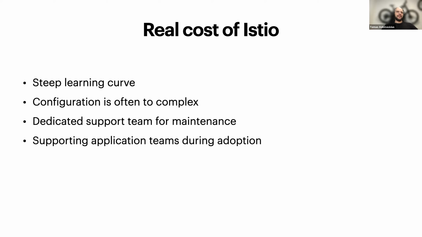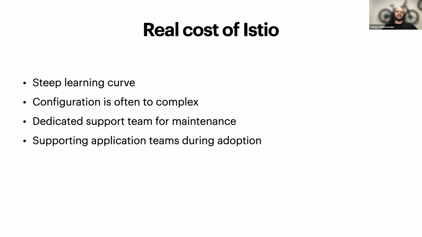Last but not least, you need something or someone in your organization to support application teams adopting this too, because from my experience, Kubernetes itself is often too complicated for the application teams. They just want to write their product and ship it to production.